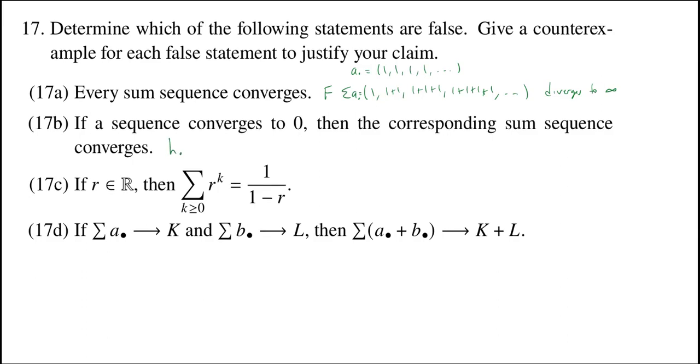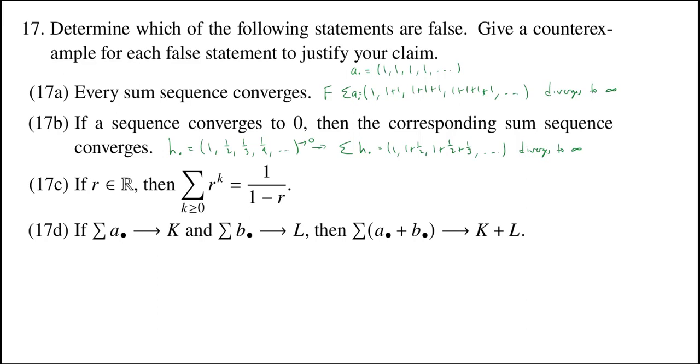If we take the harmonic sequence, given by 1, 1/2, 1/3, 1/4, etc., then we know that the harmonic series, or harmonic sum sequence, which is given by 1, 1 plus a half, 1 plus a half plus a third, etc. Even though this h converges to 0, the sum sequence corresponding to it again diverges to infinity. Okay, this was a bit of a surprise, maybe.